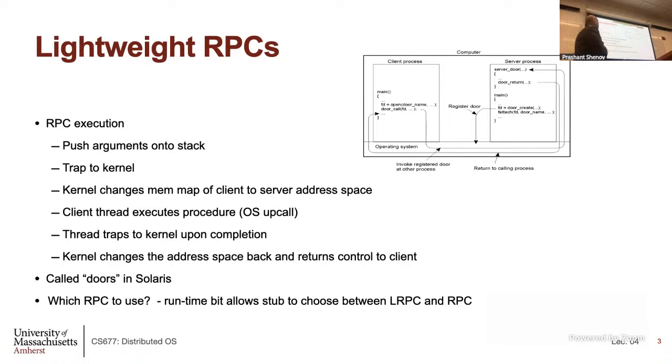Instead, you can actually use a shared memory buffer to communicate between the client and the server. So rather than sending the message to the server saying, here is an RPC call, you can take the contents of that message and simply put it into a buffer and then signal the other process saying, here is a request that requires you to execute a procedure call. All the arguments are in the shared buffer.